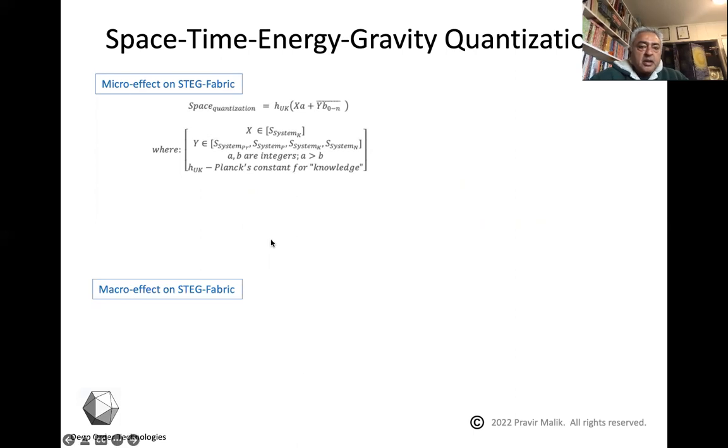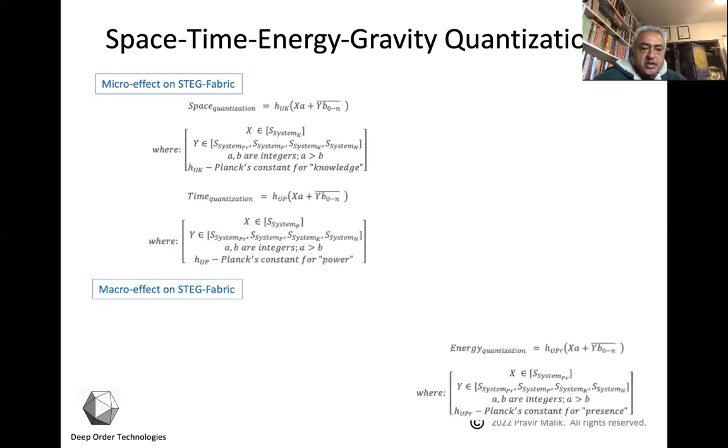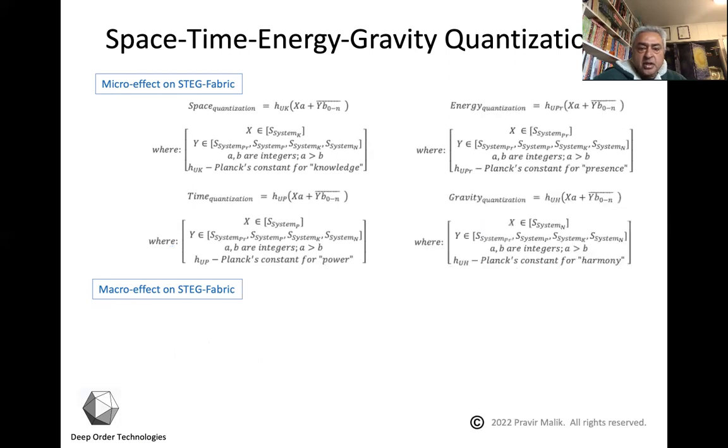And so when that insect is adapting, then there's a specific script that gets written in the Steg fabric. And these have four components: space quantization, time quantization, energy quantization, and gravity quantization, where the essential idea behind the function is captured by a script and recorded in the Steg fabric.